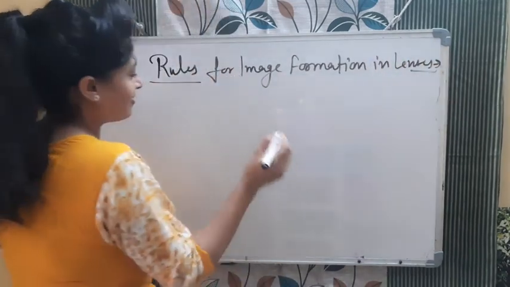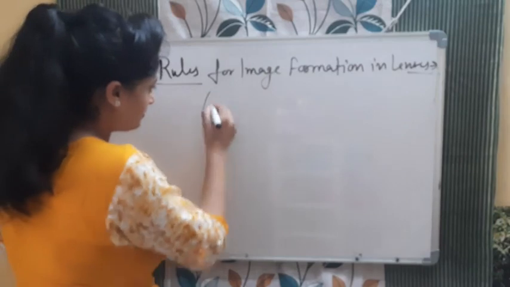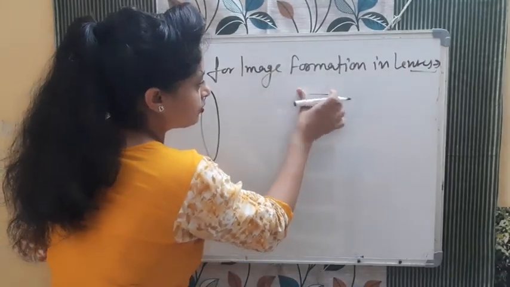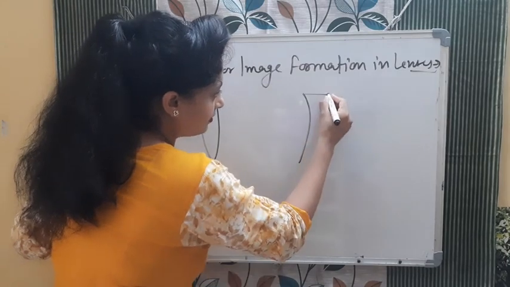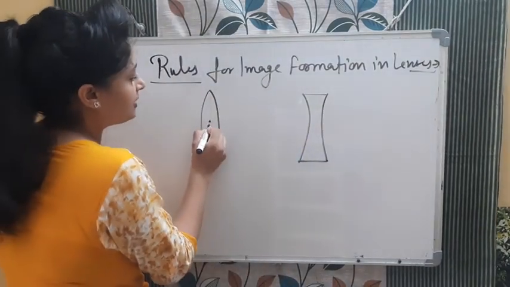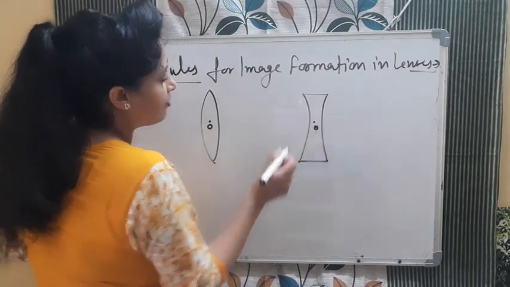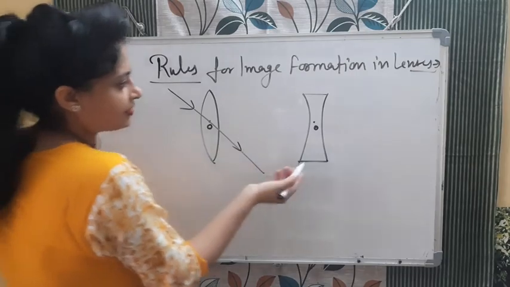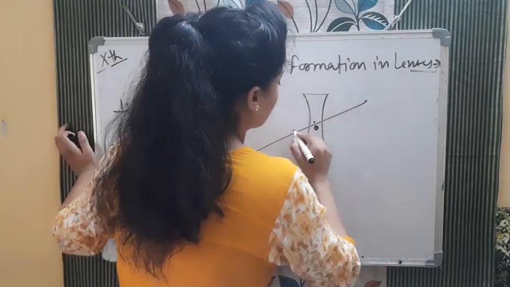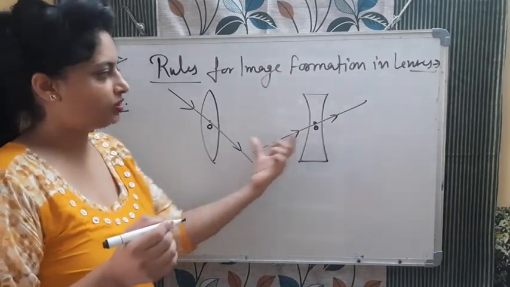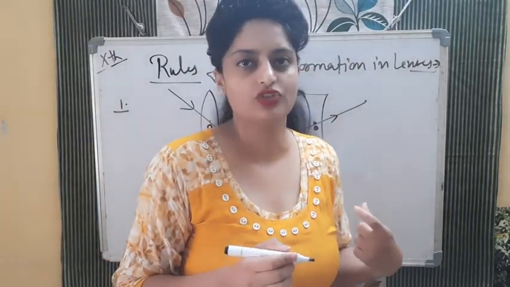First rule: any ray of light passing through the optical center will go undeviated, in any direction. If it is passing through the optical center, there will be no change in it.